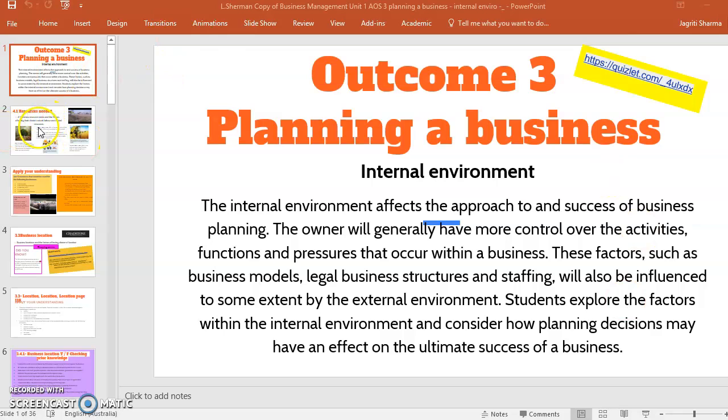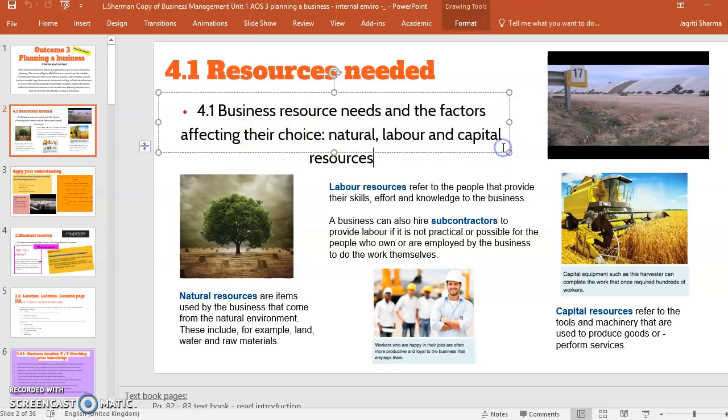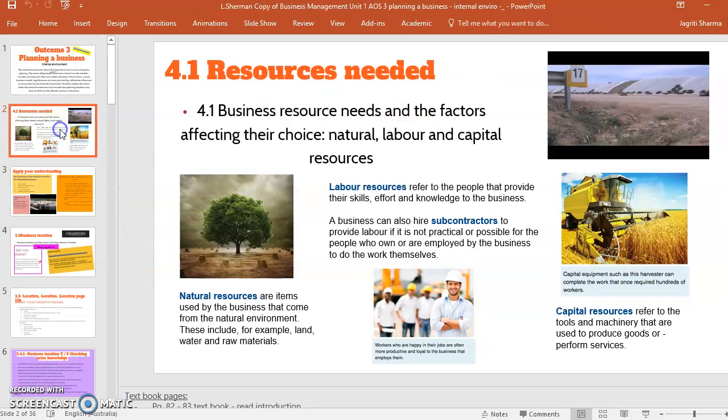Let's take a look at it in a little bit more detail. These are the business resource needs and the factors affecting their choice. Natural, labor, and capital resources are the main factors that you will need to run your business.